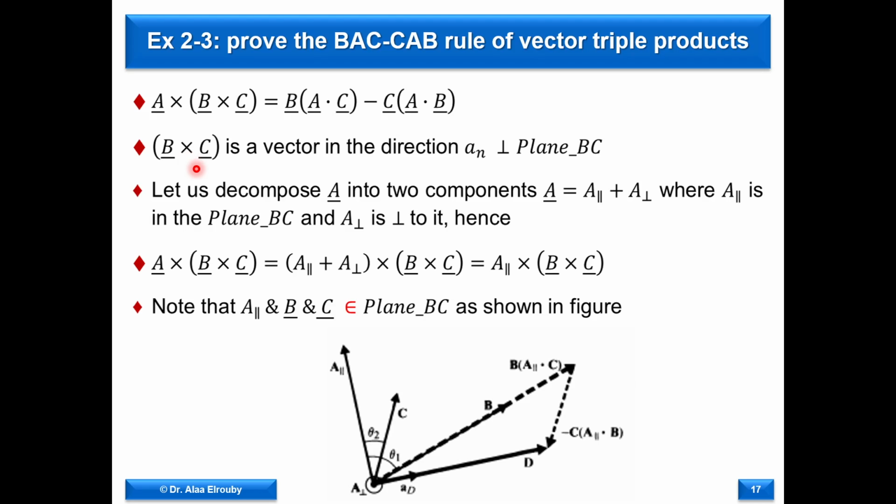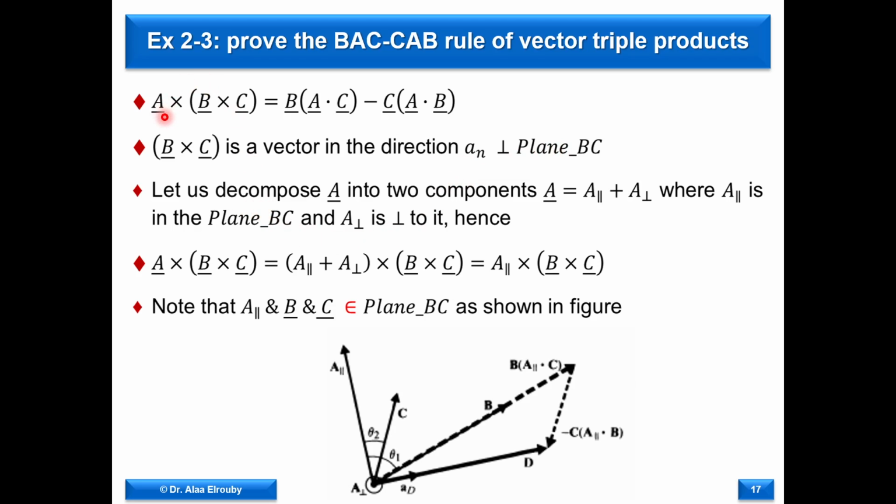The cross product is a vector, and it will be in the direction that is perpendicular to this plane. So it is perpendicular to B, it's perpendicular to C, and of course it is perpendicular to any vector in the plane defined by B and C. And let us say the unit vector in the direction of the cross product B cross C is denoted as a_N.